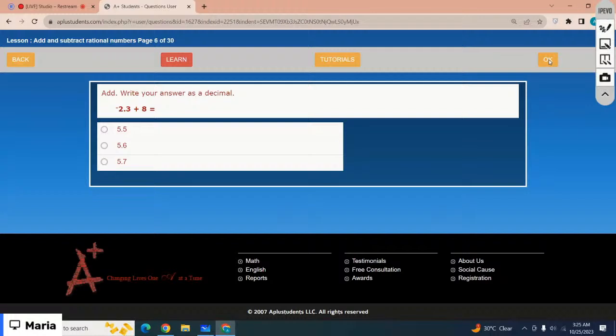Okay, negative 2.3 plus 8. So which is the correct option? Basically, you need to apply the same rules that you apply on integers, right?